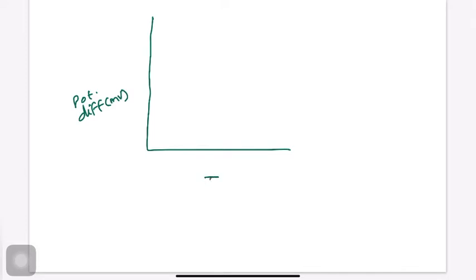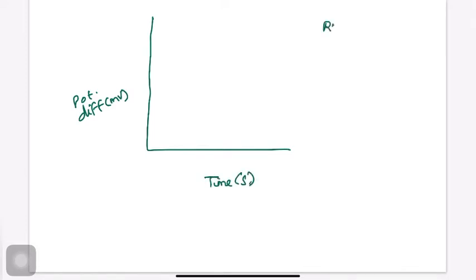If we give an example for tonic potential, the tonic potential of a nerve: this is a graph denoting potential difference in millivolts across the y-axis and time in seconds across the x-axis.